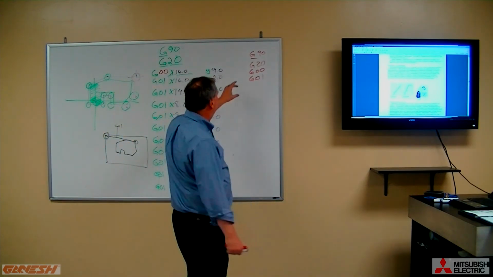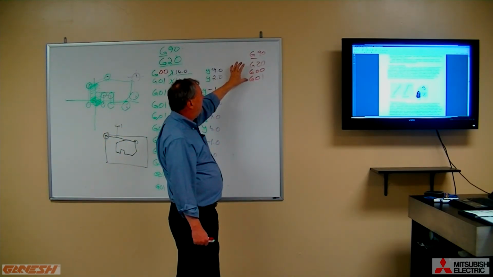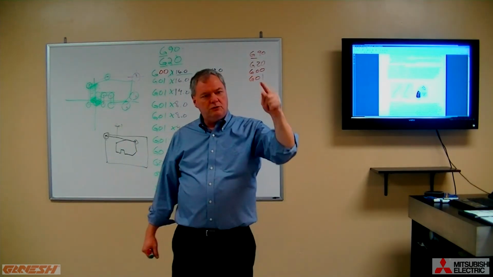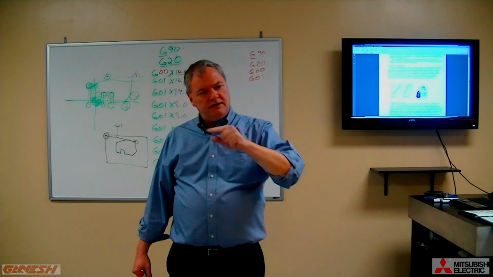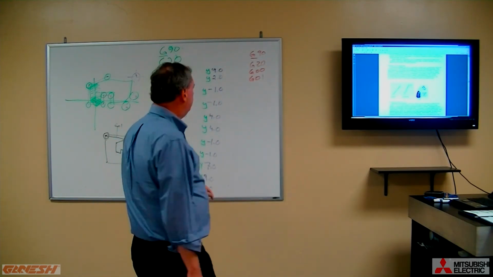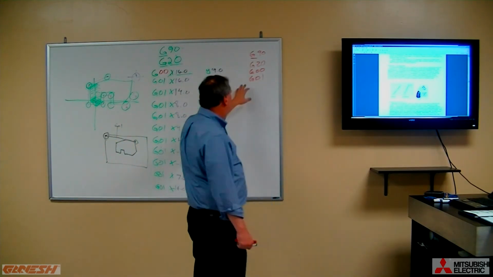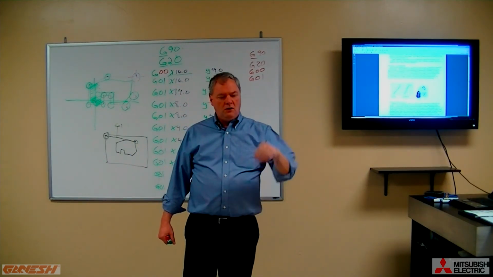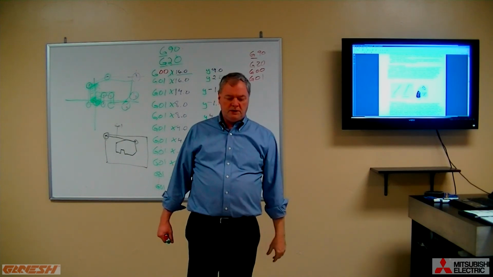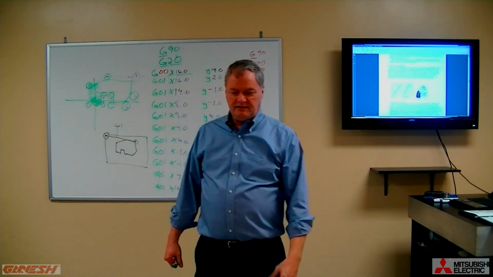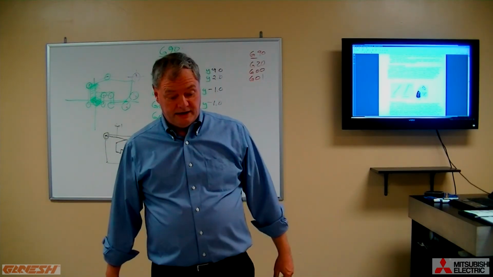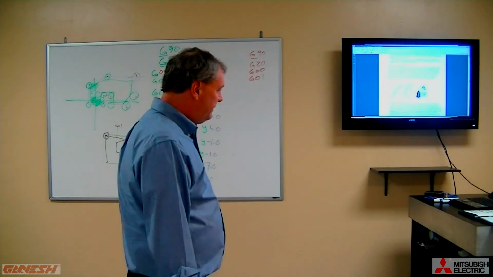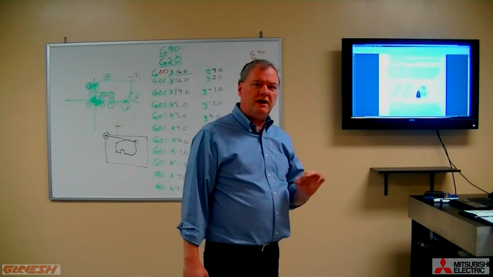There's G-codes that say move at rapid, move at feed rate. There's also G-codes we're going to look at in just a minute that tell it to move in a circle. So if you're cutting a circular fillet or something, we have a special G-code for that. We have G-codes that tell it whether to drill a hole or tap a hole. We have G-codes that tell it inch or metric. We have G-codes that tell it how to behave when it's drilling the hole. So there are many different kinds of G-codes.